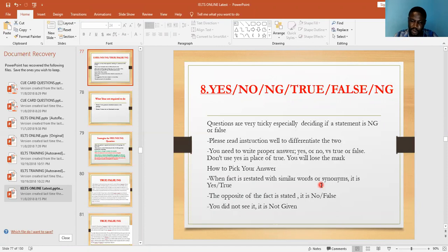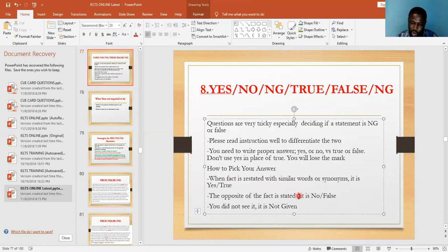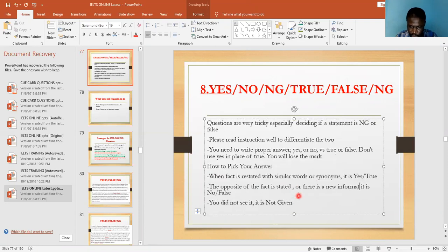If the opposite of the fact is stated, or there is new information of falsehood, it is false. I will give an example.